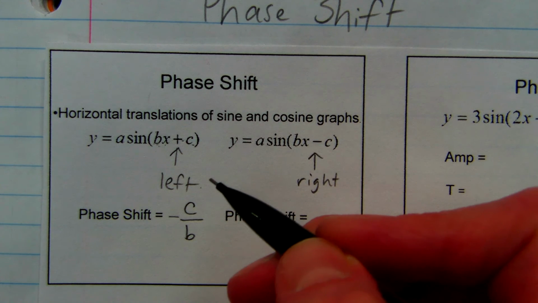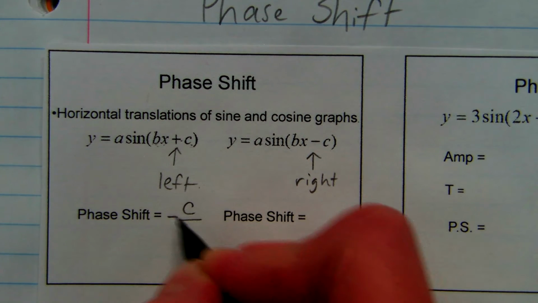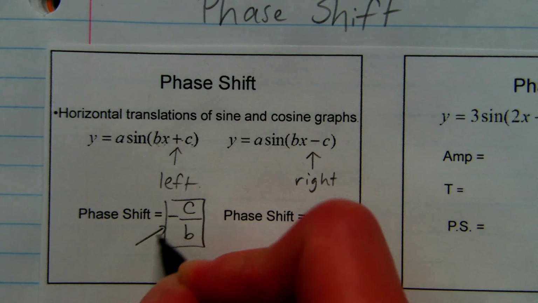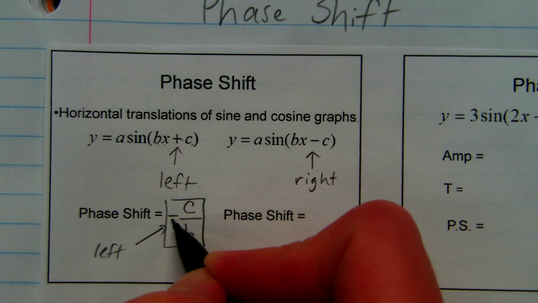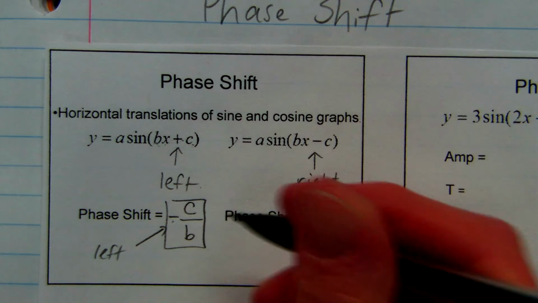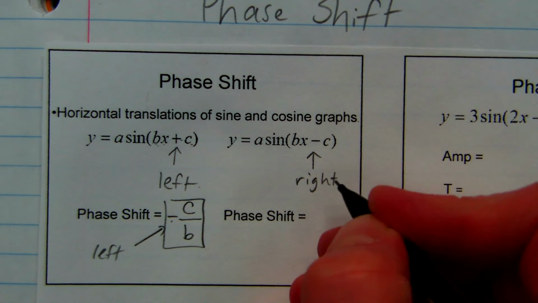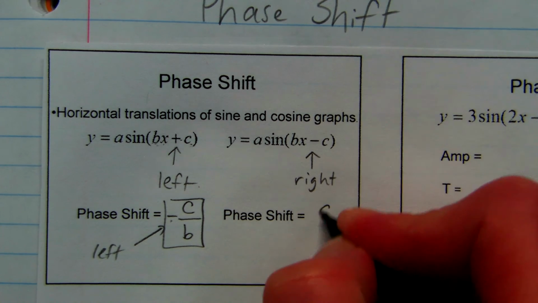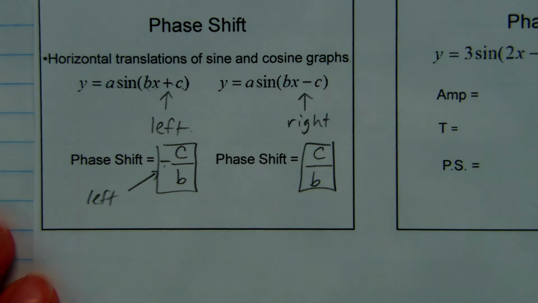And what that's going to do is rewrite the equation, which I'll show you in a second. And the minus sign means left. So if this is positive, that's minus, and it builds in left, so you don't have to actually write the word left. But you can. You could say it moved c over b left. If you have a minus sign over here, that's going to move it right, so we'd have positive c over b. So where does the c over b come from?